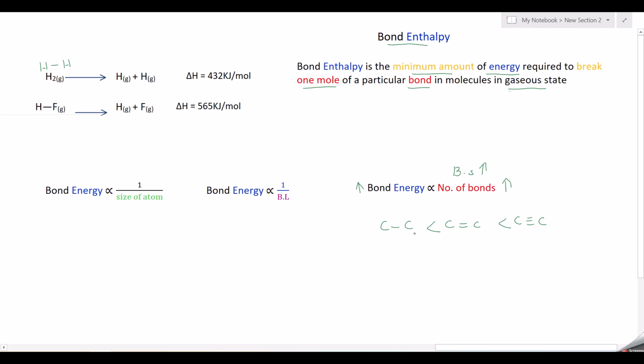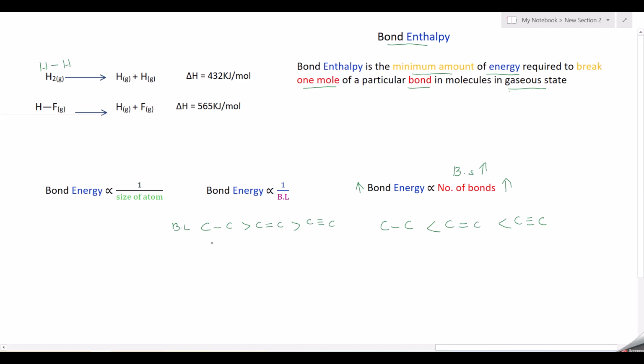Then comes carbon single bond carbon. Now the bond energy is inversely proportional to bond length. You can take the same example. Carbon single bond carbon, carbon double bond carbon, carbon triple bond carbon. The bond length of carbon single bond carbon is more compared to carbon double bond carbon, which is more compared to carbon triple bond carbon. Now when you go to bond strength, the reverse will be the order.